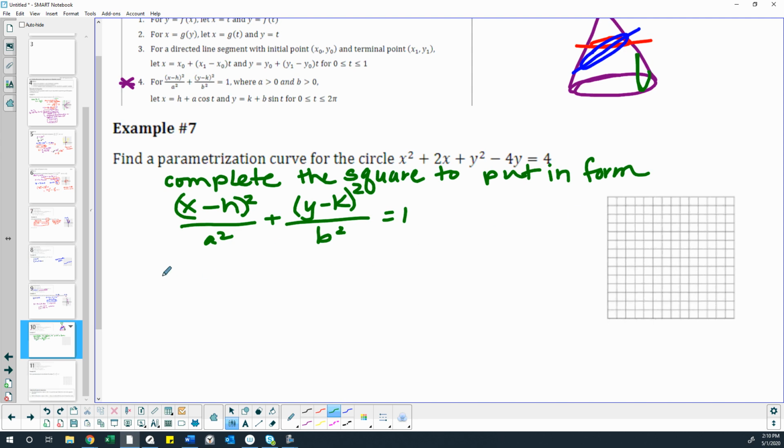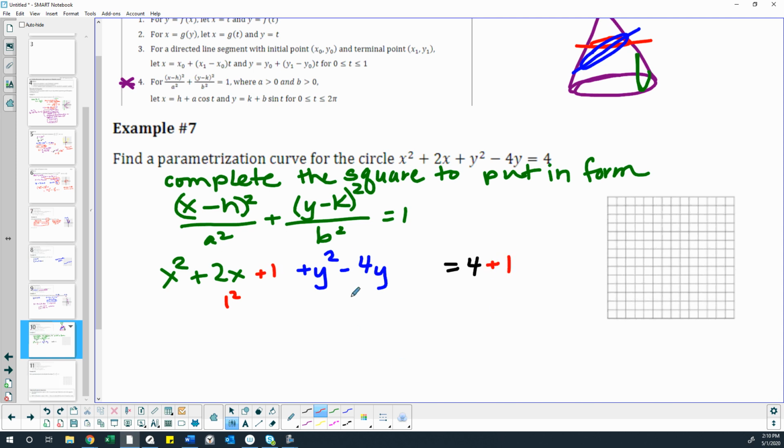So here we go. We have x squared plus 2x, I'm going to leave some space, and then y squared minus 4y, and I'm going to leave some space there. And that equals 4. To complete the square, we do half of 2, which is 1, and 1 squared is 1. So we add 1 there, but we also add it here.